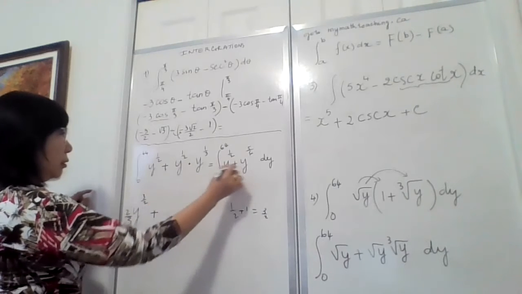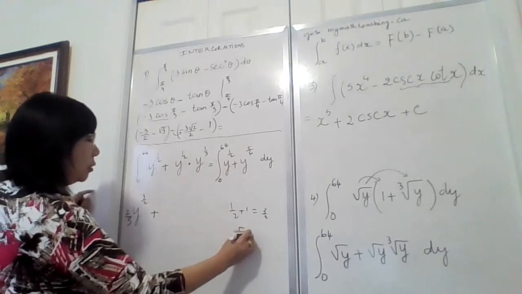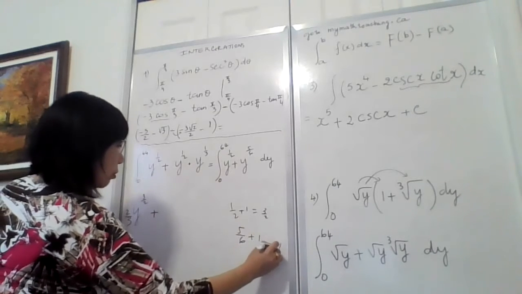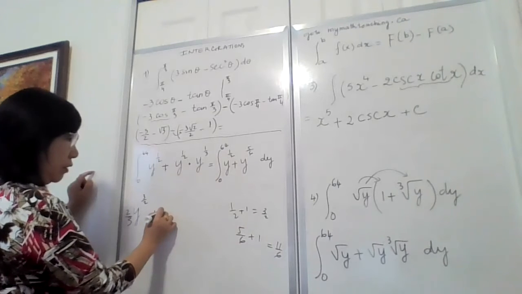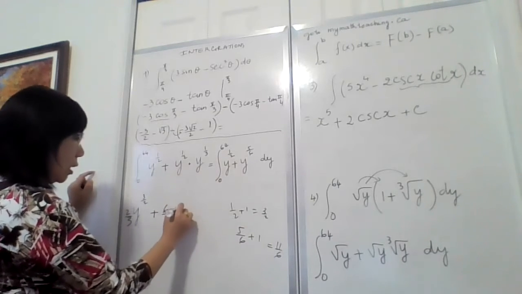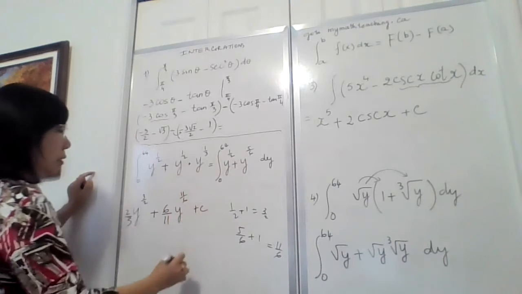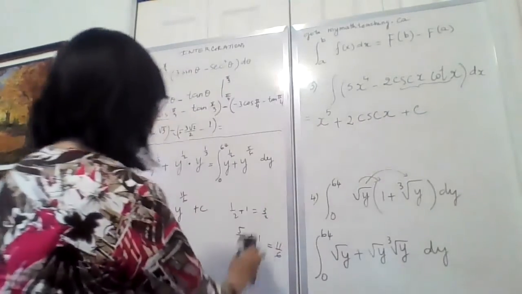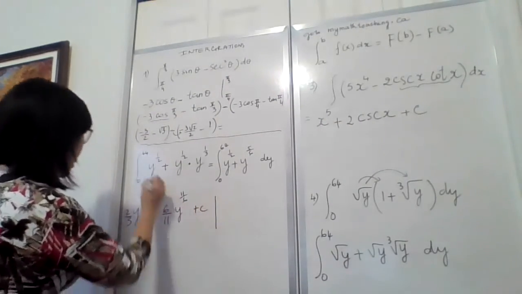Now for this one will be 5/6, add 1 will be 11/6. And when we reverse this here will be 6/11, y to the power 11/6 plus c. That is our answer for the antiderivative, but we still have to evaluate.